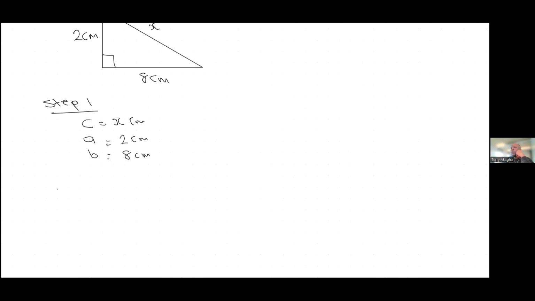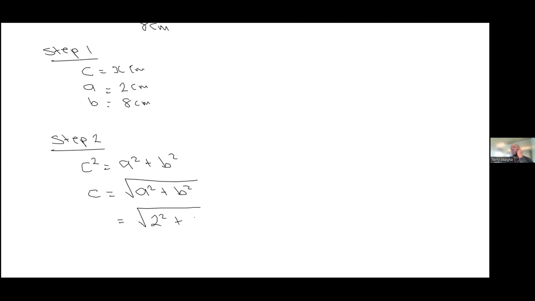The appropriate formula, because we're looking for C, means we're using C squared is equal to A squared plus B squared. And we know that C will be equal to the square root of A squared plus B squared, which will be equal to the square root of 2 squared plus 8 squared.